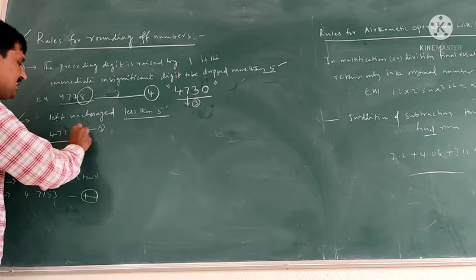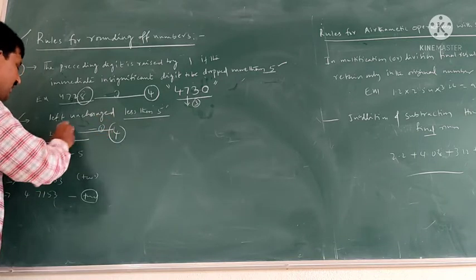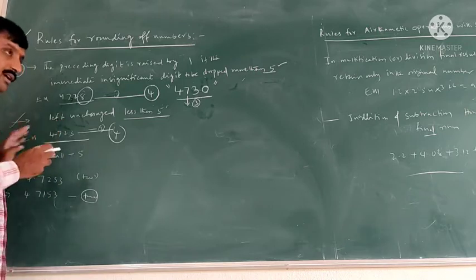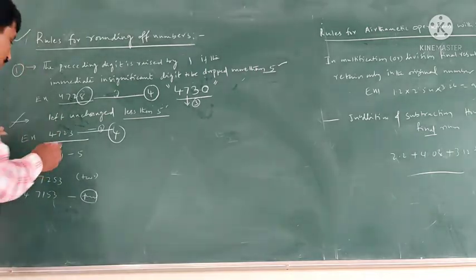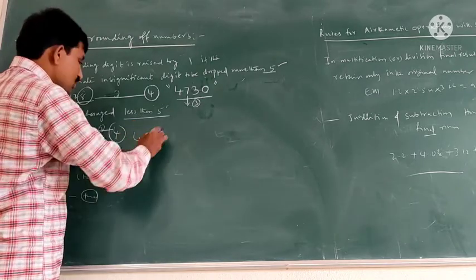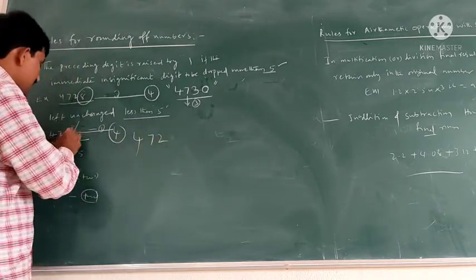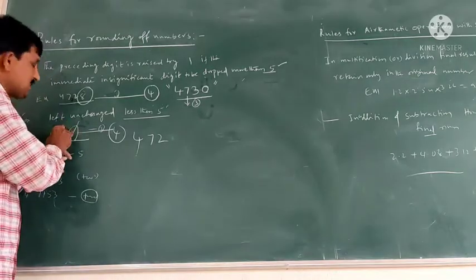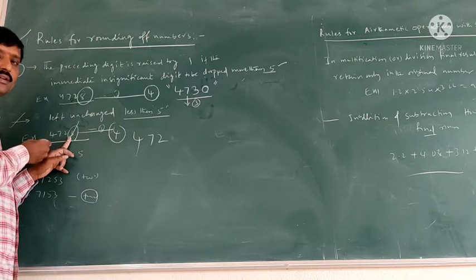How many significant figures are there? Actually 4, 1, 2, 3, 4. Rounded to 3, remove 3, so 4, 7, 2. The removed number is less than 5, so we do not change the number before it.